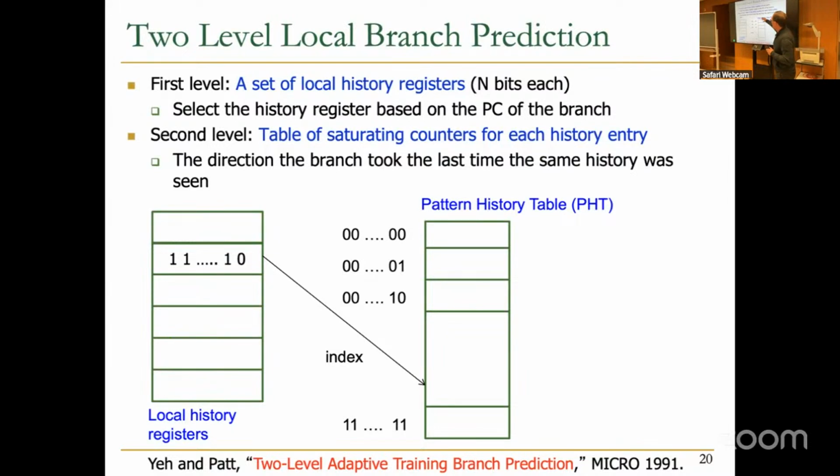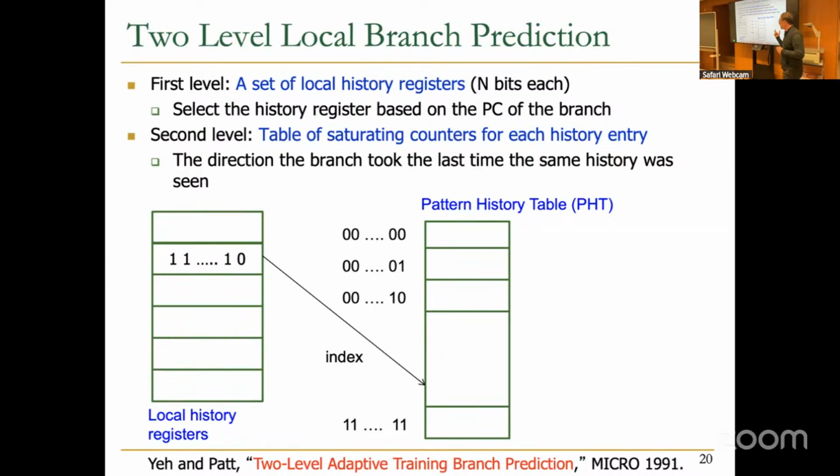So the first level, as opposed to having a single global history register, we have a set of local history registers, ideally per branch, but that's not easy to do, of course. So we're going to have a local history register per set of branches indexed by some program counter. Think about that. n bits each. You select the history register based on the program counter of the branch.